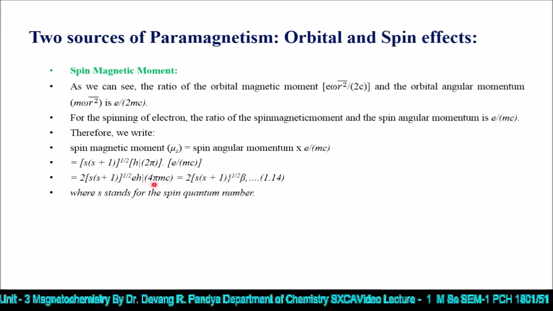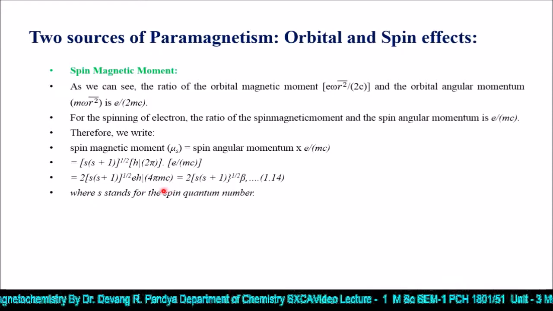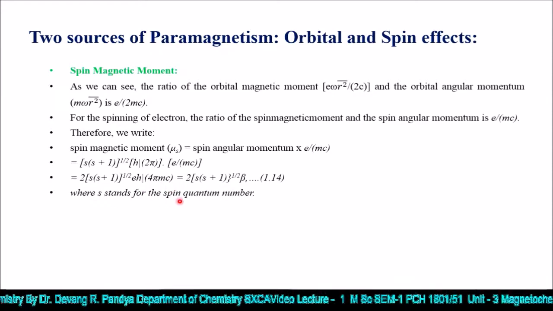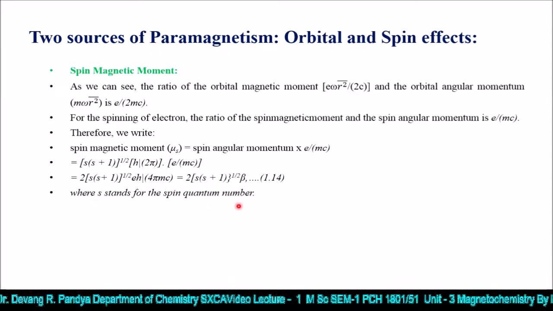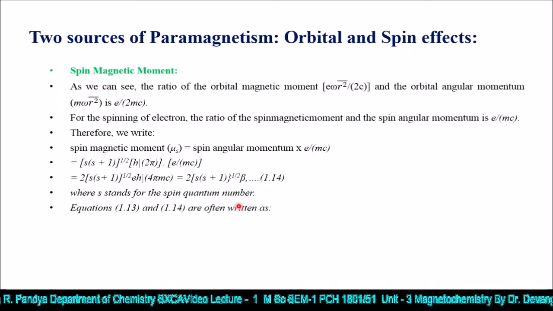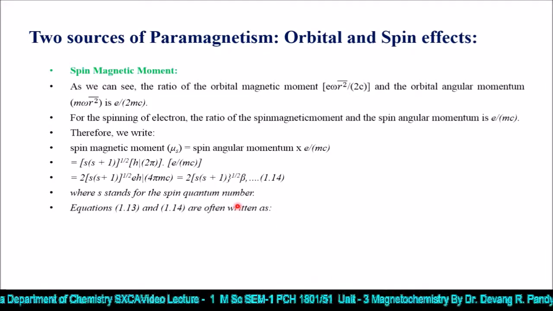Beta is equal to e h by 4 pi m c, the Bohr magneton, where s stands for the spin quantum number, that is having value plus half, minus half.